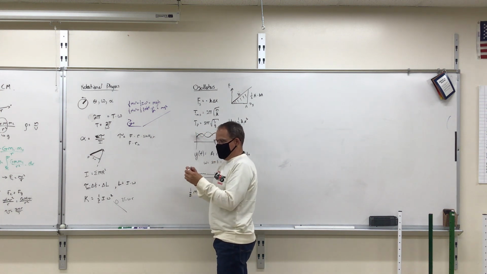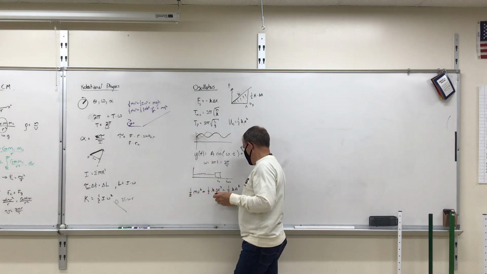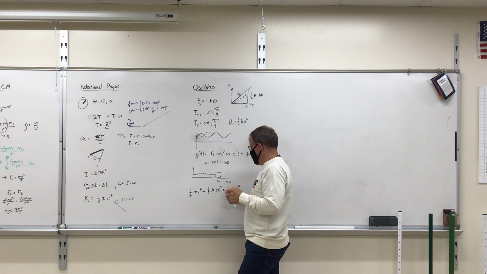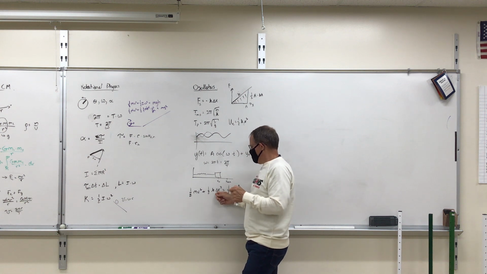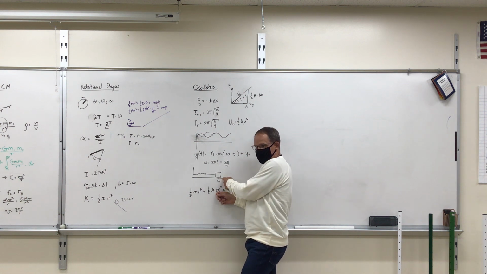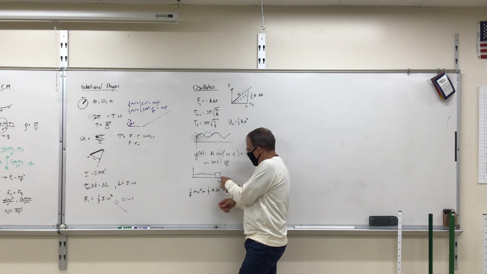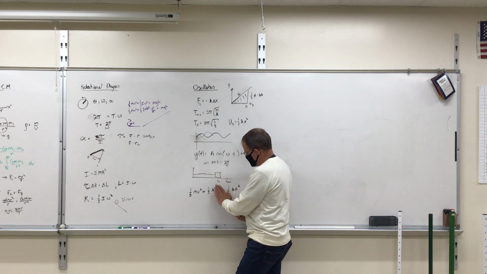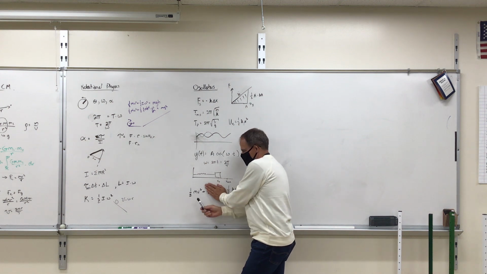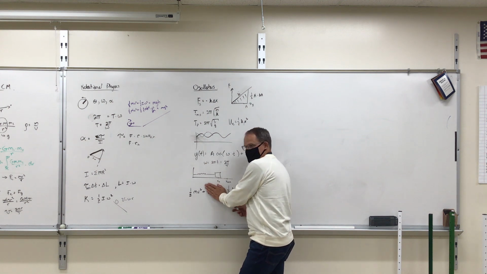So if you know the mass and you know the spring constant, and we give you how far it's stretched from equilibrium, you can find its velocity. When it's at equilibrium, the potential term is 0, and so you can find its maximum velocity.